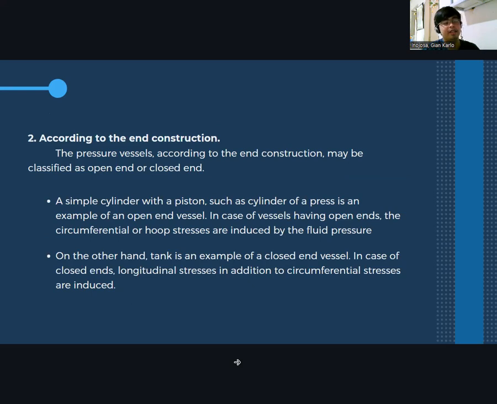In case of a vessel having open ends, yung circumferential or hoop stresses niya are induced gamit yung fluid pressure. On the other hand, ang isang example naman ng closed-end vessel is a tank. In case of closed ends, longitudinal stresses, in addition to circumferential stresses, are induced also.